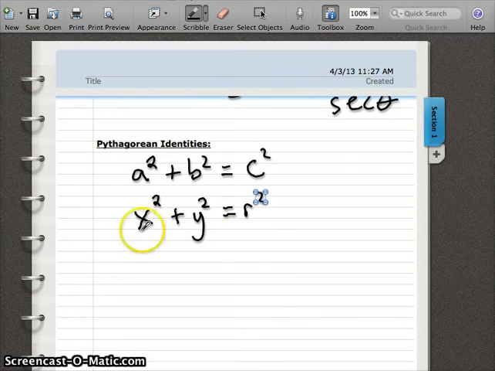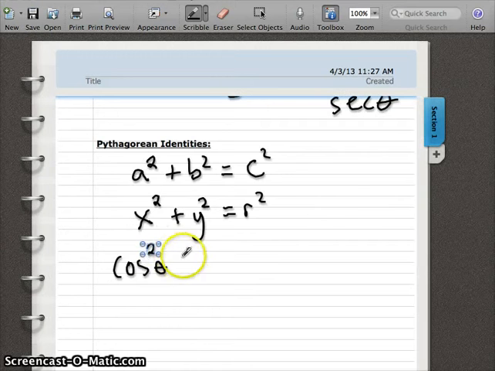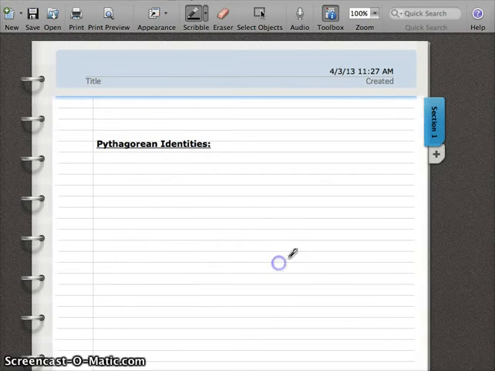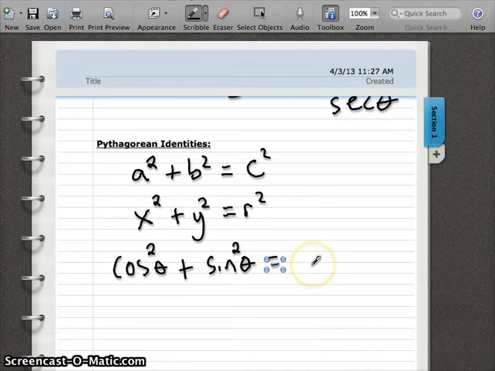And if we think about these variables in terms of trigonometry, we know that x values are cosine of an angle values. And since it's x squared, we would say it's cosine squared. Do the same thing with our y. Y values are sine of an angle values, and since it's y squared, it's going to be sine squared. And if we're dealing in trigonometry on a unit circle, the radius of our unit circle is always equal to 1. So we could say that r is 1, and r squared is 1 squared, which just turns out to be 1.